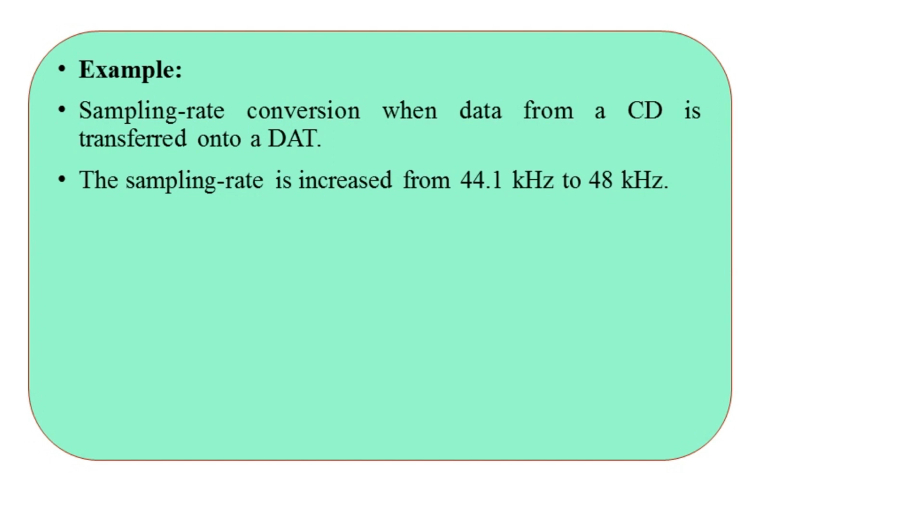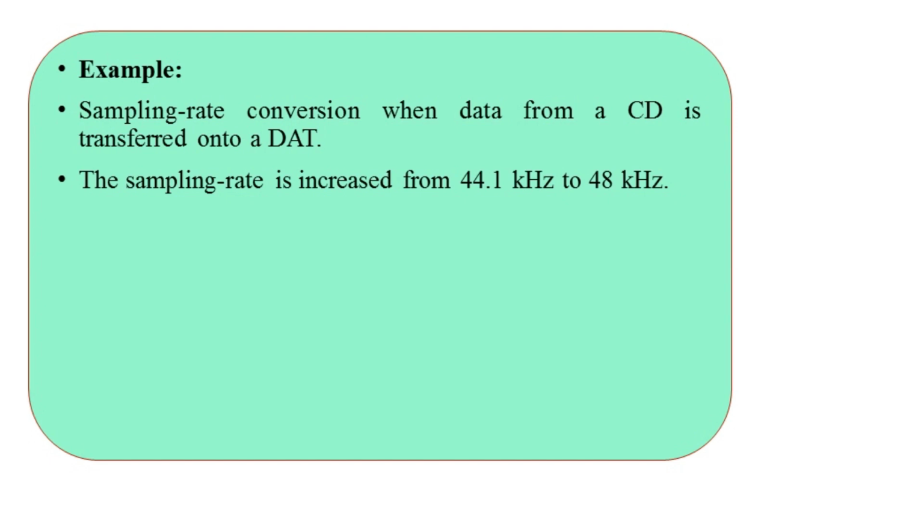So you see here, if we take the ratio of 44.1 kHz to 48 kHz, whichever quantity you take as numerator to denominator, it is of course not generating an integer value, but it will have a fraction value. So in this example the sampling rate conversion is to be done by a non-integer factor.